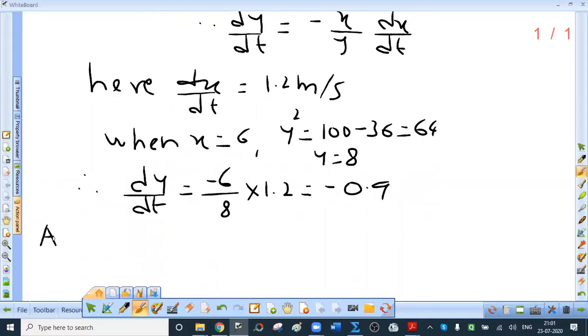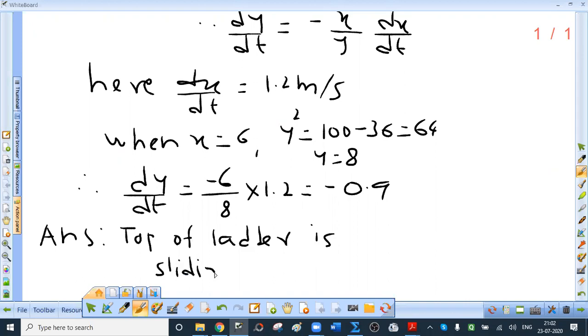But when you write the final answer, you have to say that top of the ladder is sliding down at what rate?